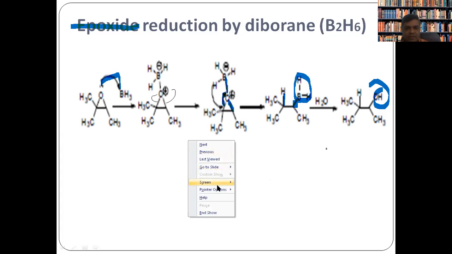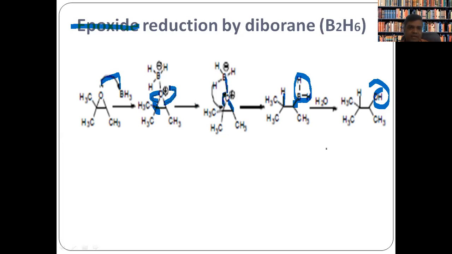It is the example of an unsymmetrical oxide. The reason is very simple. If I open this ring from this side, I get the secondary carbocation, and if I open the ring from this side, I get, sorry, it's tertiary carbocation, right? And here I get the primary carbocation. It is mostly tertiary. So the stability of the carbocation decides the selectivity.